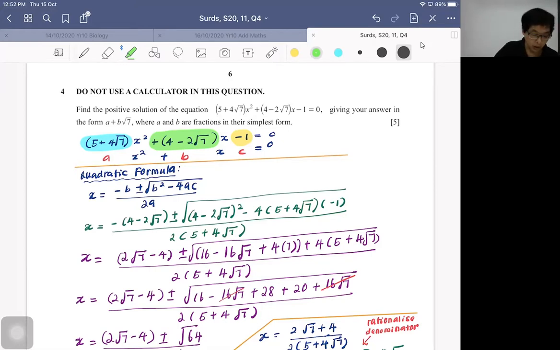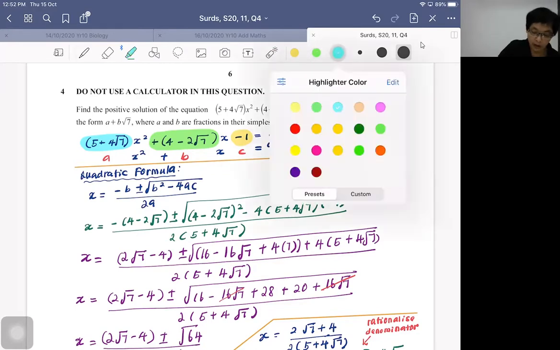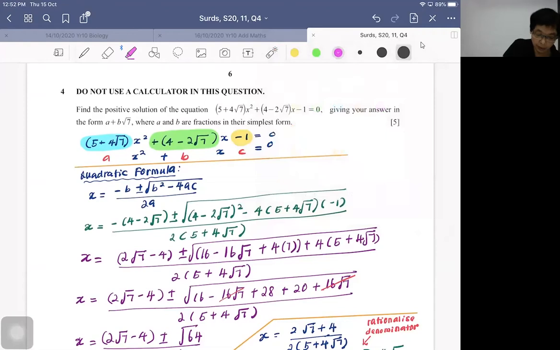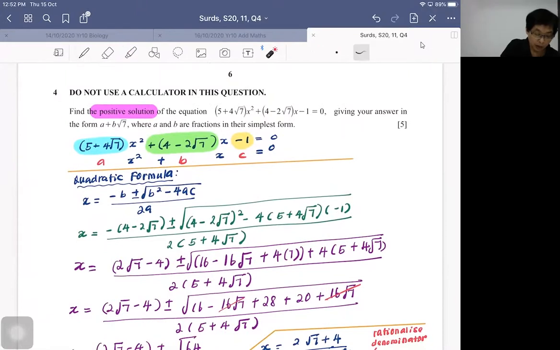Okay, here we go. They say find the positive solution. Let's highlight our attention to this. They only want the positive solution. And the equation looks somehow complicated, but if we take a closer and careful look, you notice, as I have categorized it, that it is a constant with an x squared, plus a constant with the x, and plus c.